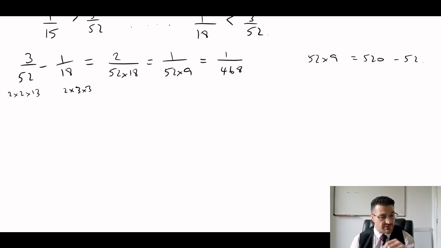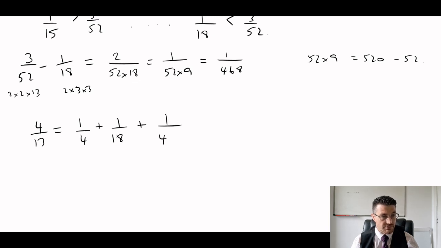So what was it? 4 over 13. So 4 over 13 is equal to a quarter plus 1/18 plus 1 over 468. Okay, and that's a friendly form.